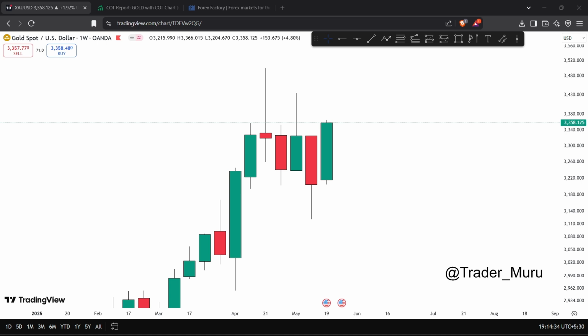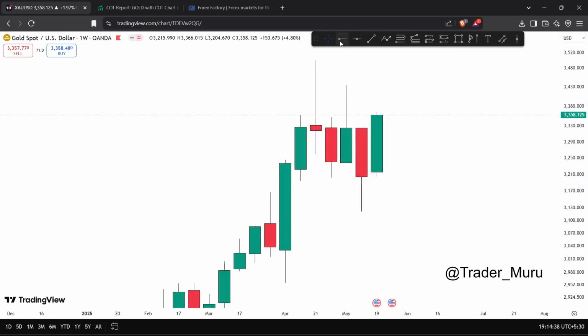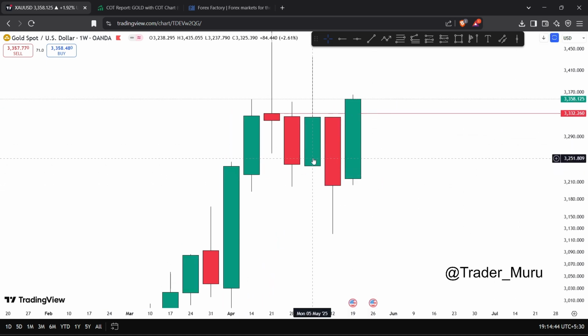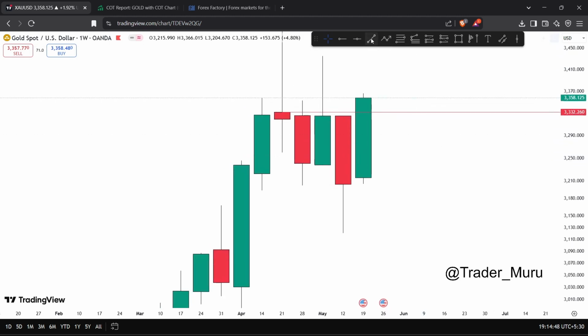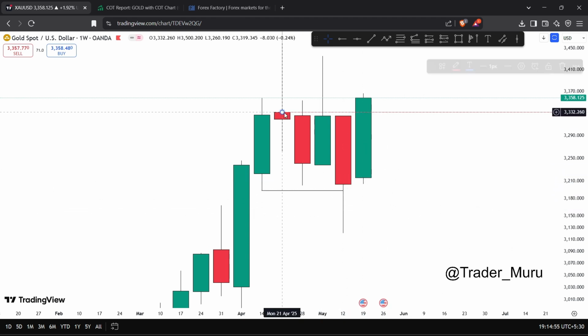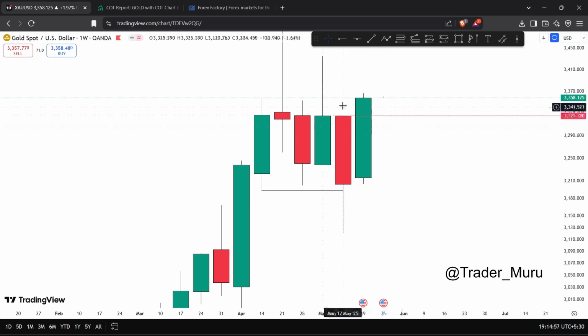Here we have a weekly time frame chart in front of us, and we can see gold has closed its weekly candle above the highest closing here. And now we have a structure like this. Gold just swept out this liquidity here, and this liquidity is also swept.